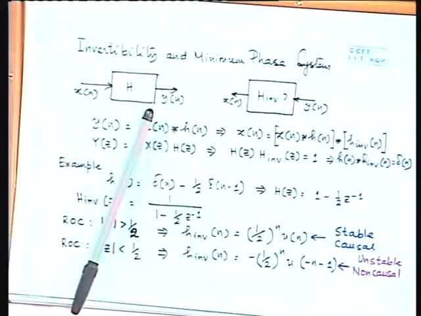Okay, so this is a very prime condition which is related to the concept of invertibility and minimum phase systems. This invertibility is very much used by geologists who want to understand what happened underground. They will measure, let us say, ground vibrations, and then try to infer what happened 2 kilometers under the surface. You can imagine that the earth behaves somewhat like a filter.